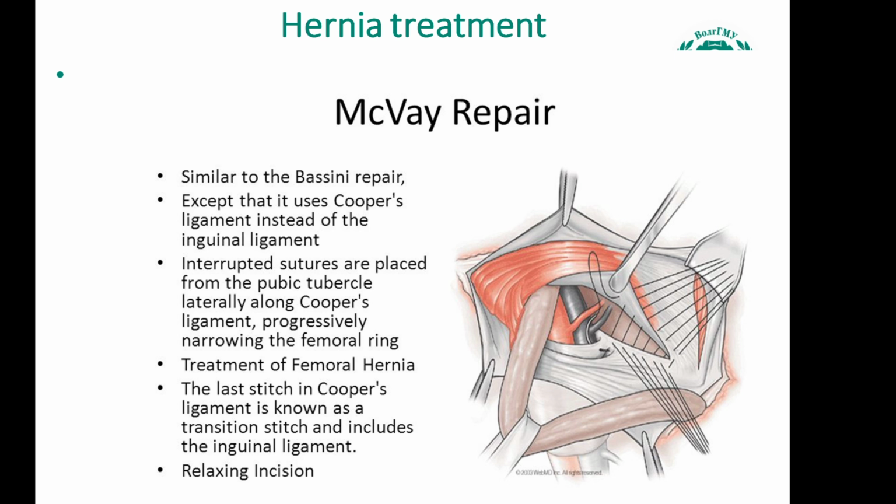Similar to the Bassini repair, except that Cooper's ligament is used instead of the inguinal ligament. Interrupted sutures are placed from the pubic tubercle laterally along the Cooper's ligament, progressively narrowing the femoral ring. In the treatment of femoral hernia, the last stitching of Cooper's ligament is known as the transition stitch and includes the inguinal ligament and relaxing excision.